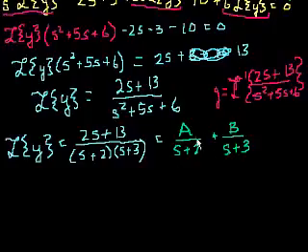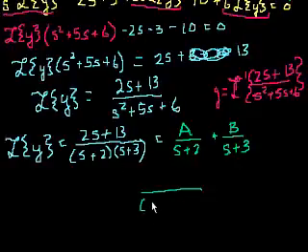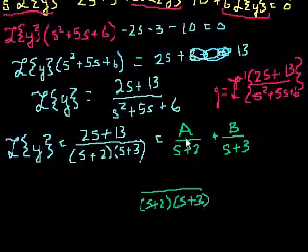Well, let's do a little side calculation here. If we were to give them a common denominator, which is (s plus 2) times (s plus 3), then what would a become? We'd have to multiply a times (s plus 3), so we'd get as plus 3a.